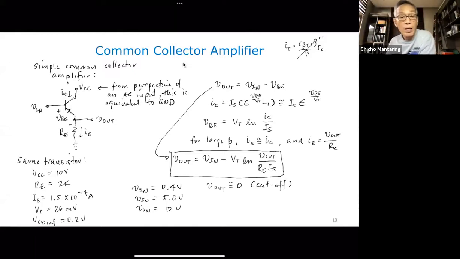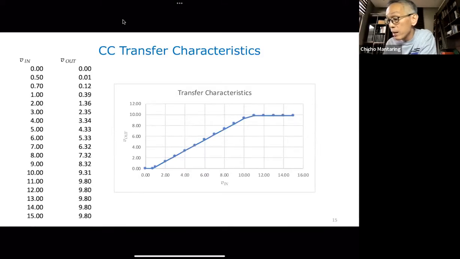Okay, then we can compute it for V in equal to 5, V in equal to 12. I'll skip that now. Let me just show you what I came out with. So this is what I came out with.